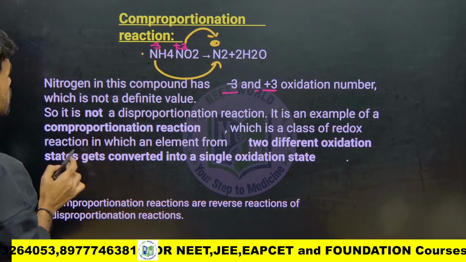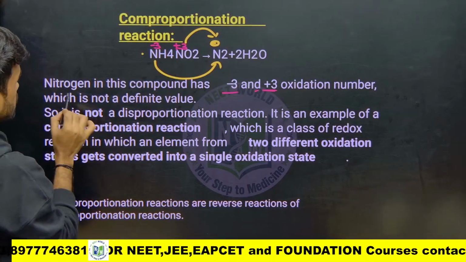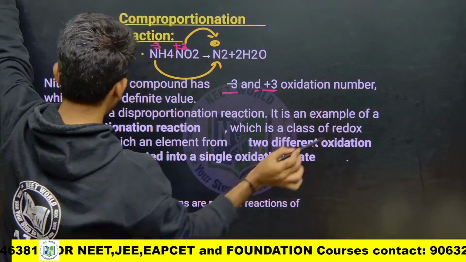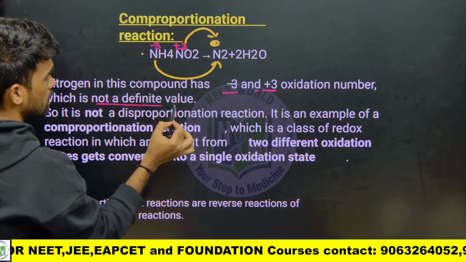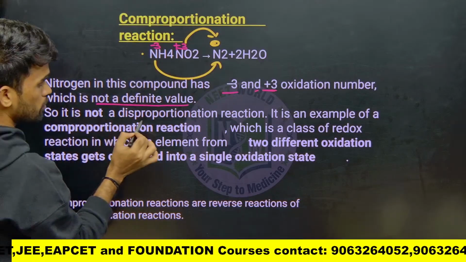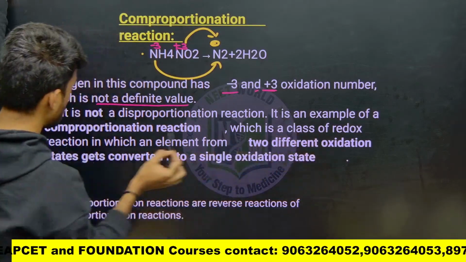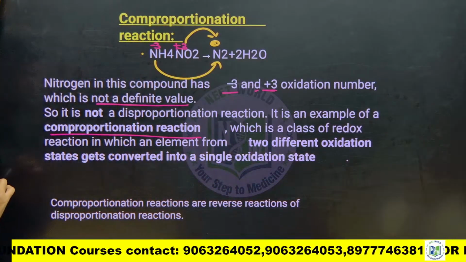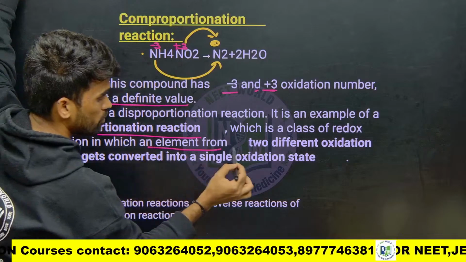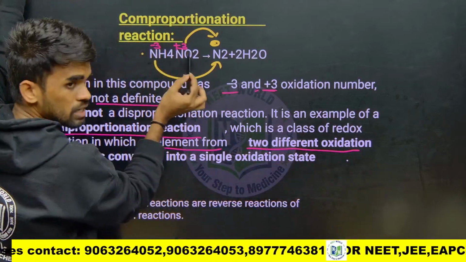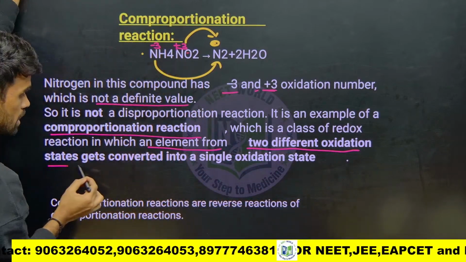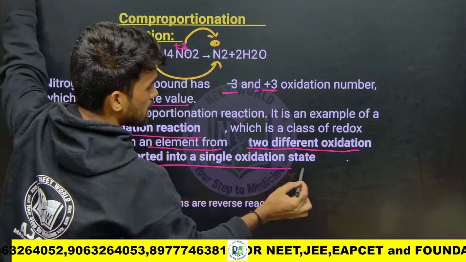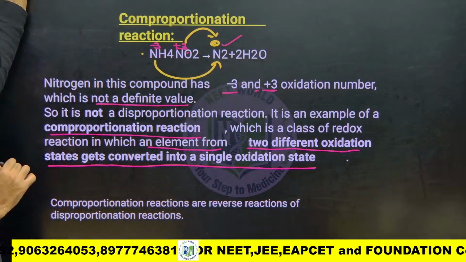You can read here. See, nitrogen in this compound has an oxidation state which is not a definite value, so it is not a disproportionation reaction, it is an example of comproportionation, which is a class of reaction in which an element from two different oxidation states gets converted into a single oxidation state.